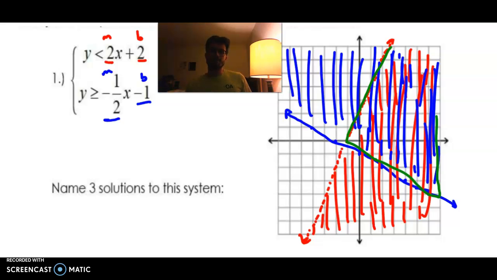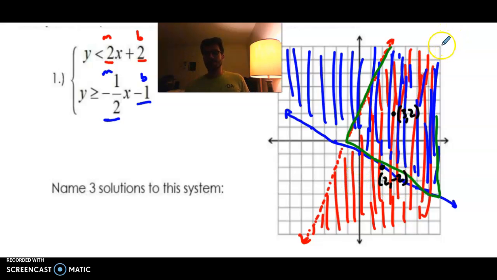So let's name some solutions. Well, I see that the point 3, 2 is a solution. I see that this point that's on the line, 2, -2 is a solution.